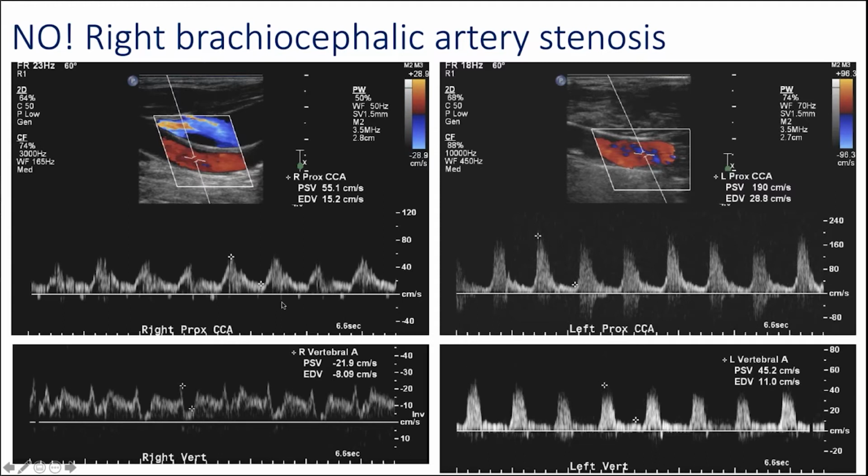And you can immediately see that we see this prolonged acceleration time in the right proximal common carotid artery, with normal brisk upstrokes in the left proximal common carotid and in the left vertebral artery, with a more or less bizarre vertebral pattern. And this is the pattern that we see in a patient with a right brachiocephalic artery stenosis. So here we have a central intrathoracic stenosis that affects only the blood vessels on the right side. This is not a cardiac lesion, it's a brachiocephalic artery lesion.